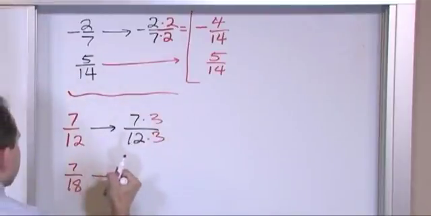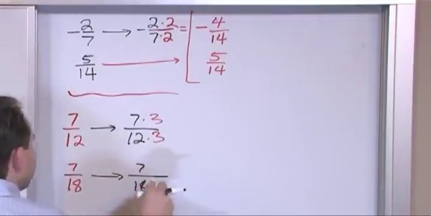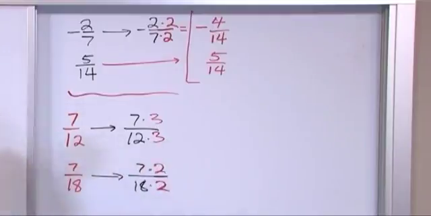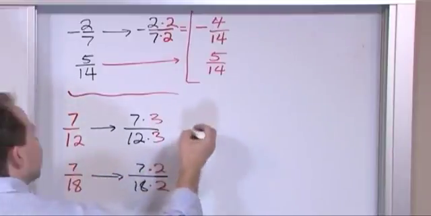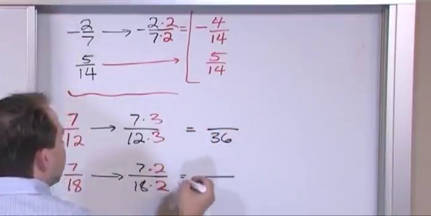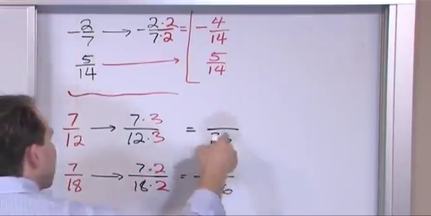And what if I take this one and write it as 7/18, and what if I multiply 18 times 2? That may not be something that you see right away, but if you think about it, it's true. 12 times 3 is 36 on the bottom. 18 times 2 is also 36. So I have a common denominator.